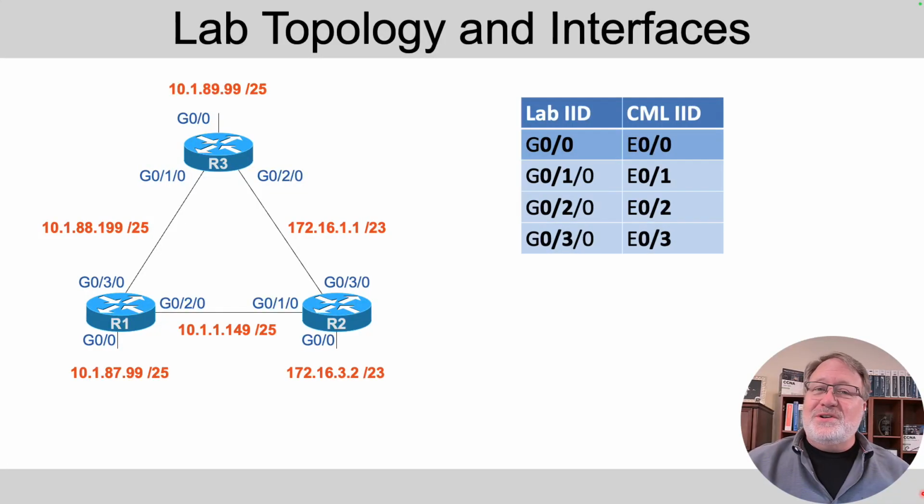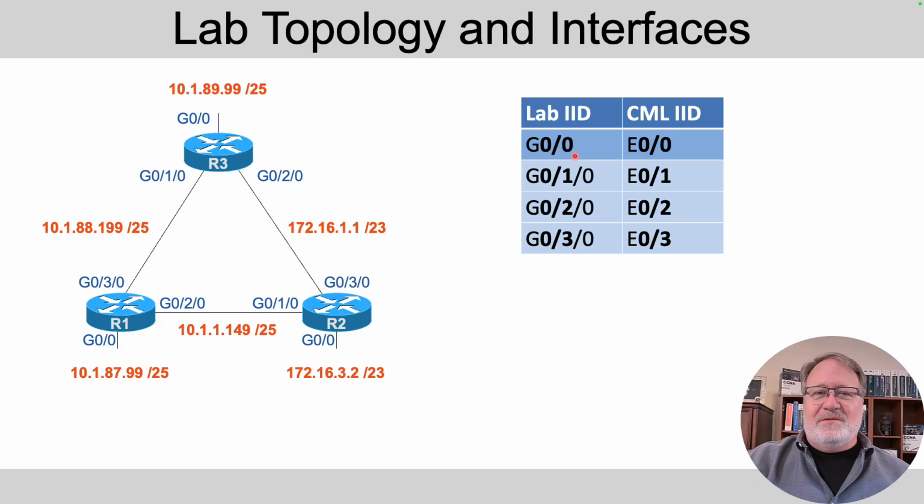If you choose to use CML-Free edition to do this lab, as is typically the case, CML uses different interface IDs than are available in Cisco Packet Tracer. So the lab has a diagram like this with these interfaces you'll see in Packet Tracer. In CML, you'll see these interface IDs. So I try to line up the numbering.